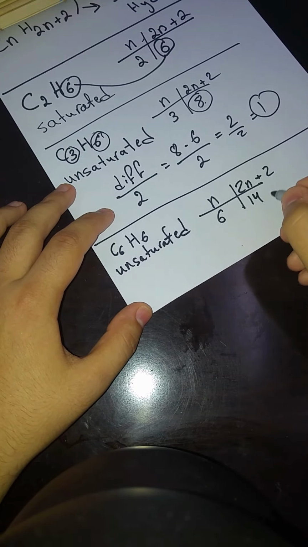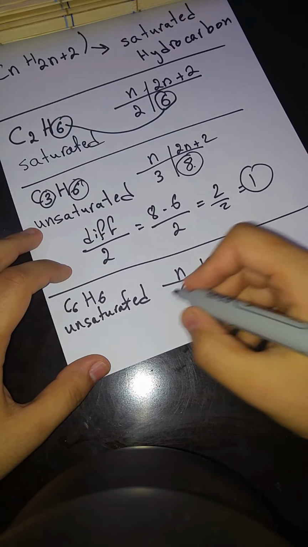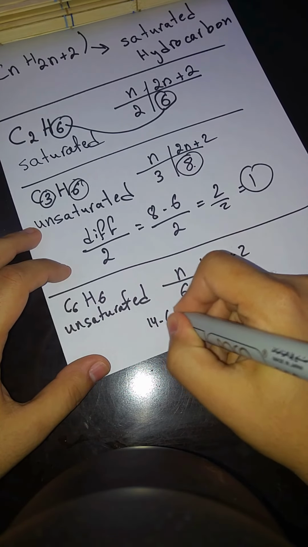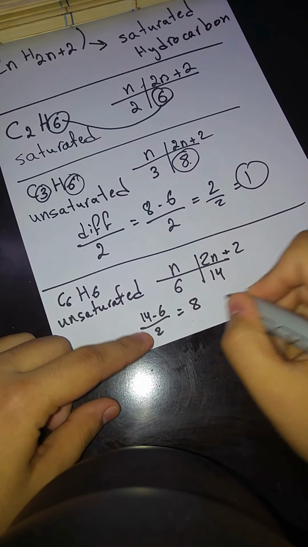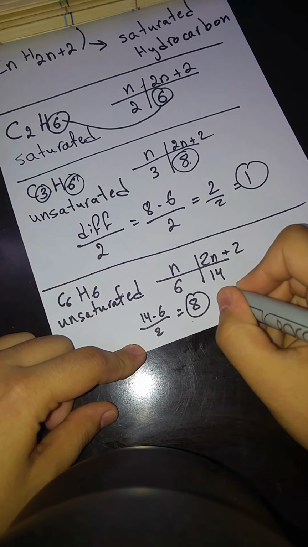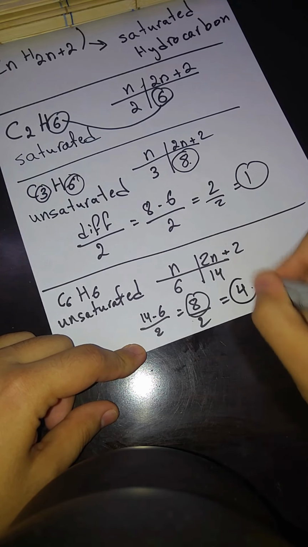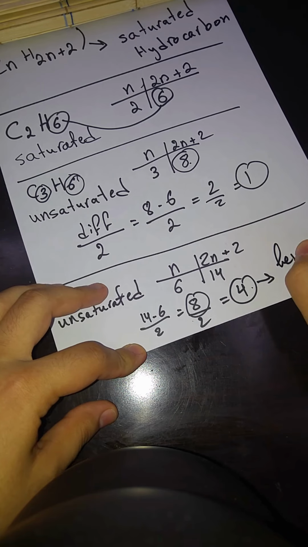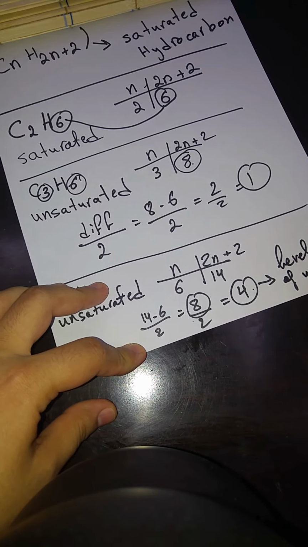The difference between 6 and 14 is 14 minus 6 over 2, which is 8 over 2, which is 4. 4 is the level of unsaturation.